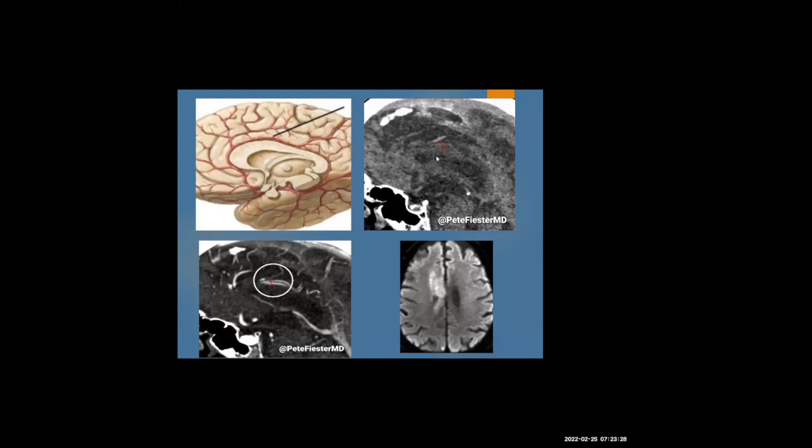I just wanted to include this interesting case. This case teaches a couple of points, but one, this is a non-contrast head CT. We have a hyperdense pericallosal artery. What does that mean, hyperdense? It means there's clot, there's retracted clot within the pericallosal artery.